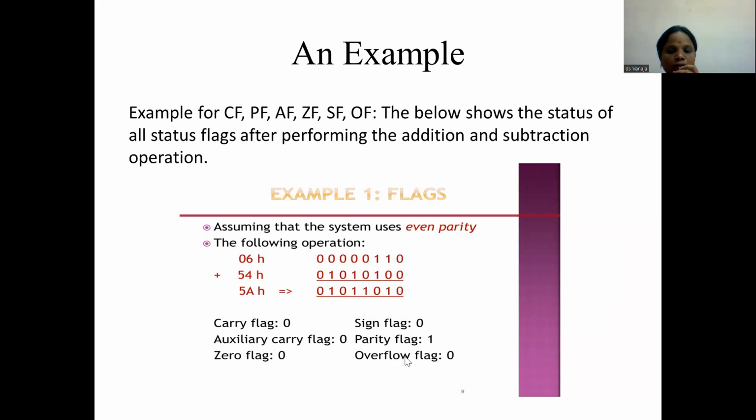That's why the overflow flag is set to be 0. So from this example, it is very clear that the carry flag is 0 and sign flag is 0. And auxiliary flag 0, parity flag 1, zero flag 0, and overflow flag 0.